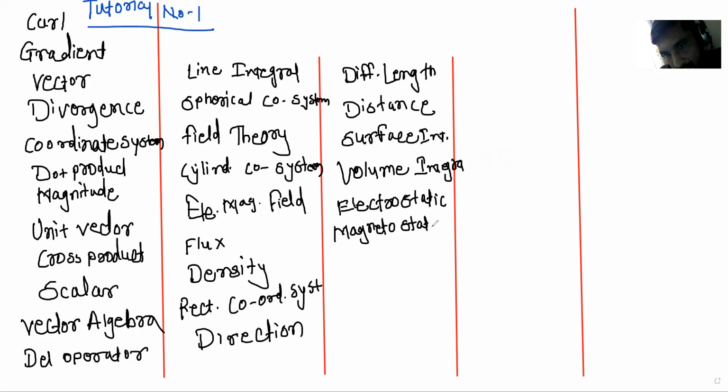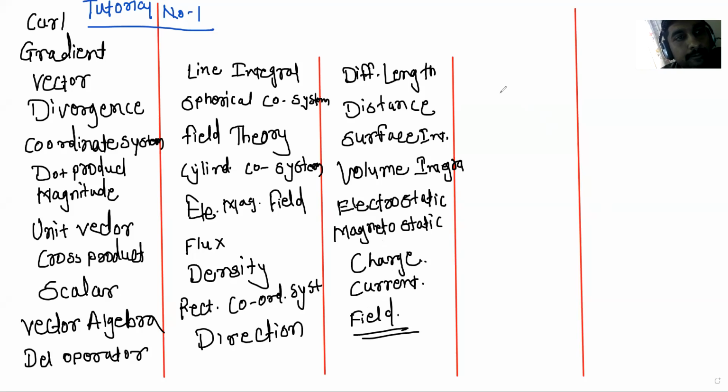Magnetic field, electric field, yes, that is electrostatic and magnetostatic. Then charge, I talked about charge, and current. Then I talked about field; somebody said electromagnetic field, I discussed this. Then vector and scalar we have discussed, then unit vector and magnitude. Vector representation is done. After that, vector algebra: dot product, cross product.